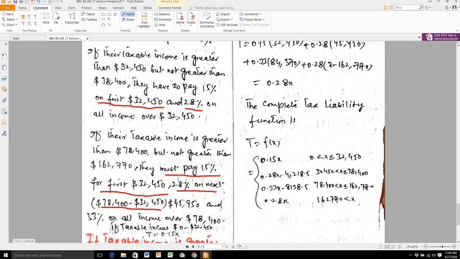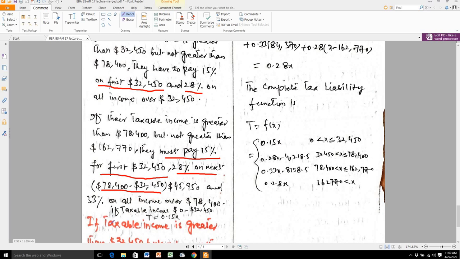Now we start our question. If the taxable income falls in the range $0 to 32,450, then we write it as T equals 0.15x. 0.15 means 15%. So if the income lies in this range, you are liable to pay 15% of the tax.